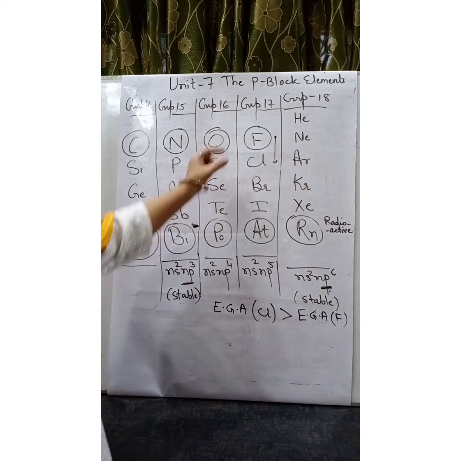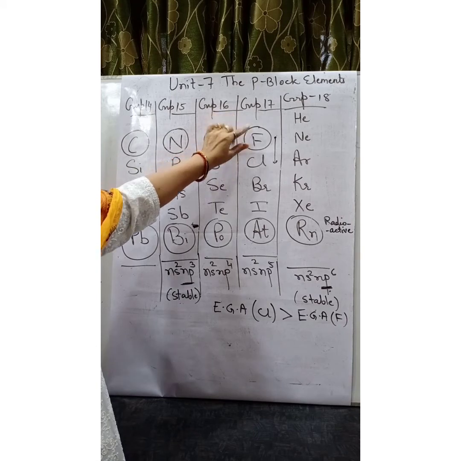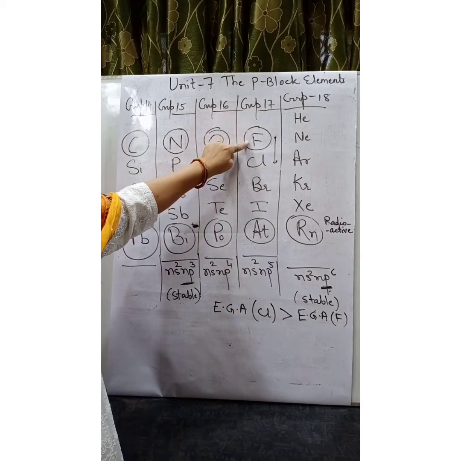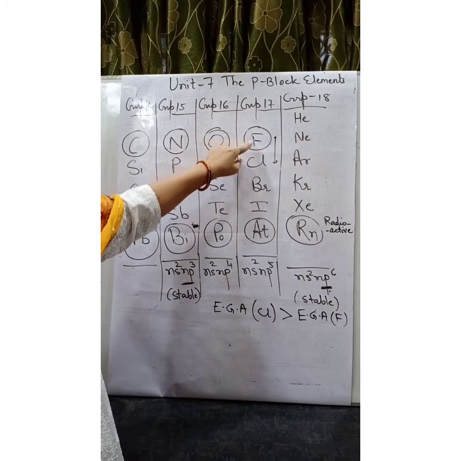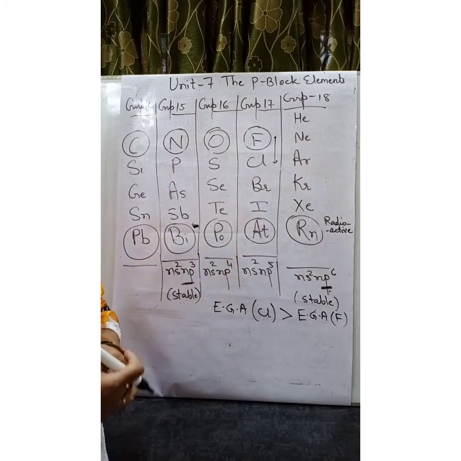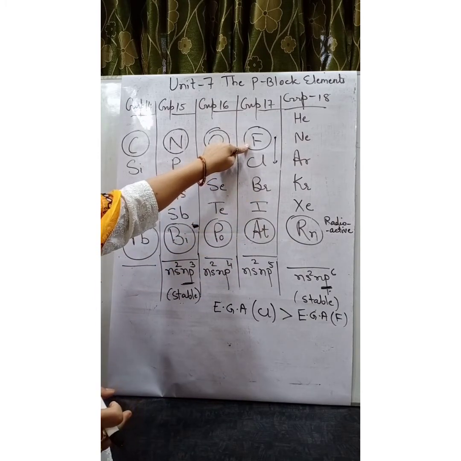What is the reason? Due to the smaller size of fluorine, there is inter-electronic repulsion in fluorine. As a result of that, the electrons move away from each other and they are unable to attract the incoming electron.